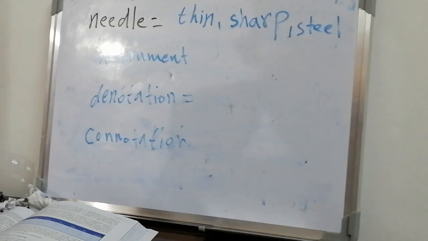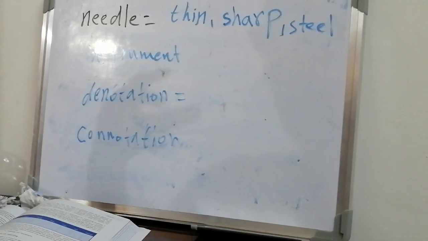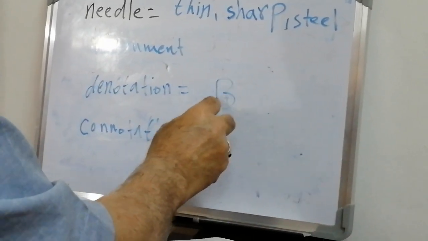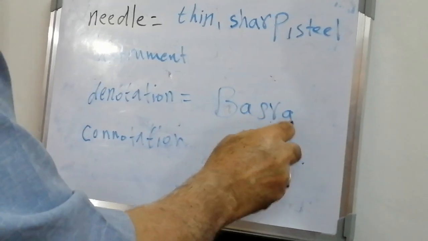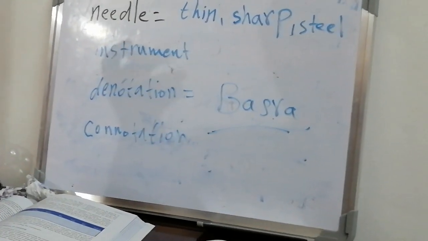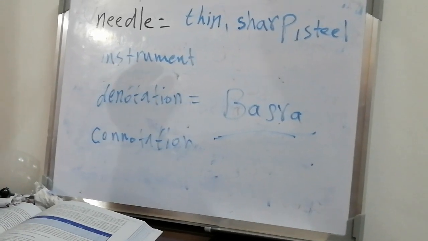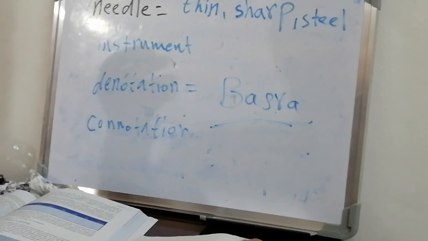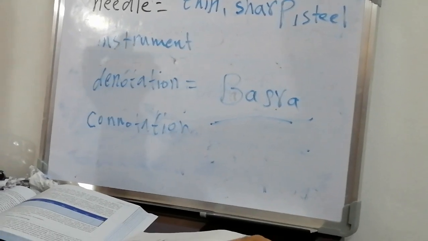See, for example, when we mention the word Basra, the literal meaning of the word Basra is a province in Iraq, in the south of Iraq, and people know it because it is famous for oil.